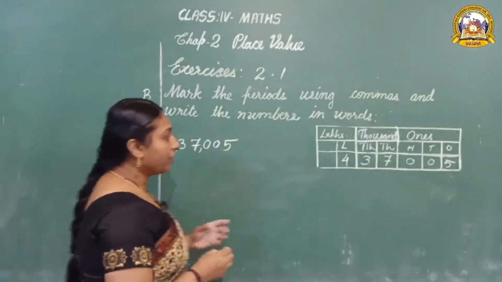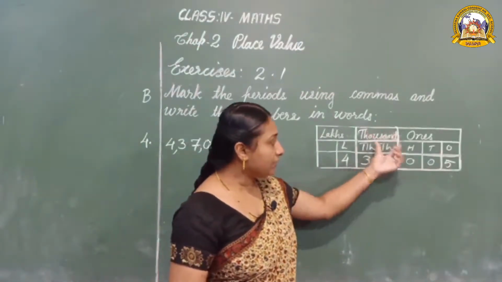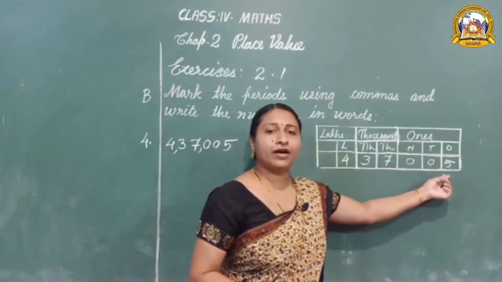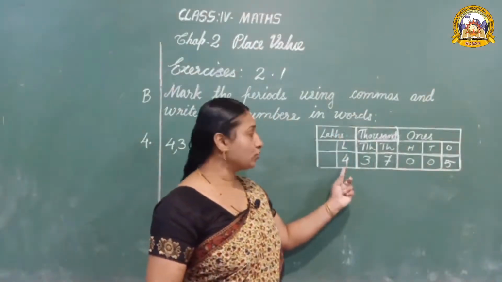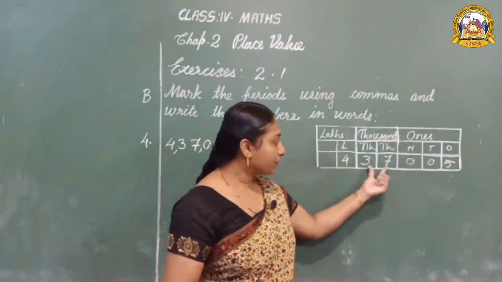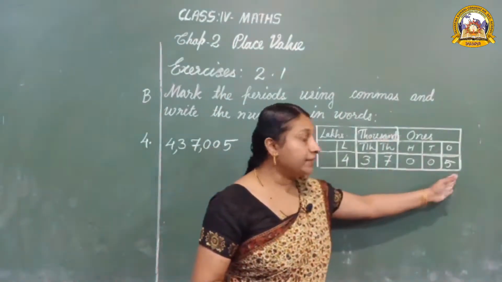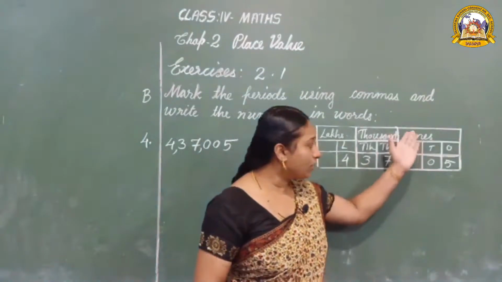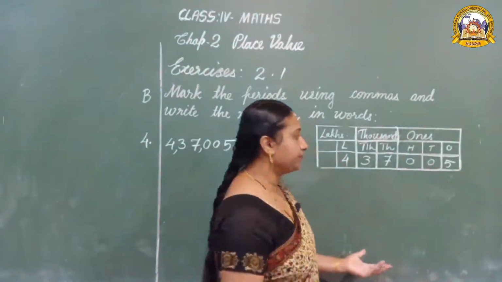Okay. How can we read it? 4 lakh 37,000 and 5. Say 4 lakhs. Under lakhs only 4, no? So 4 lakhs. How many thousands are there? 37,000 and 5. There are no hundreds and no 10. Okay.